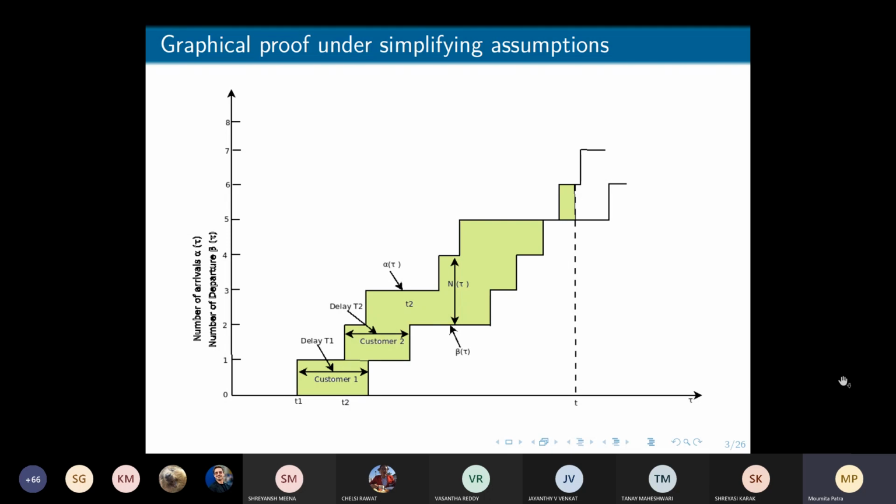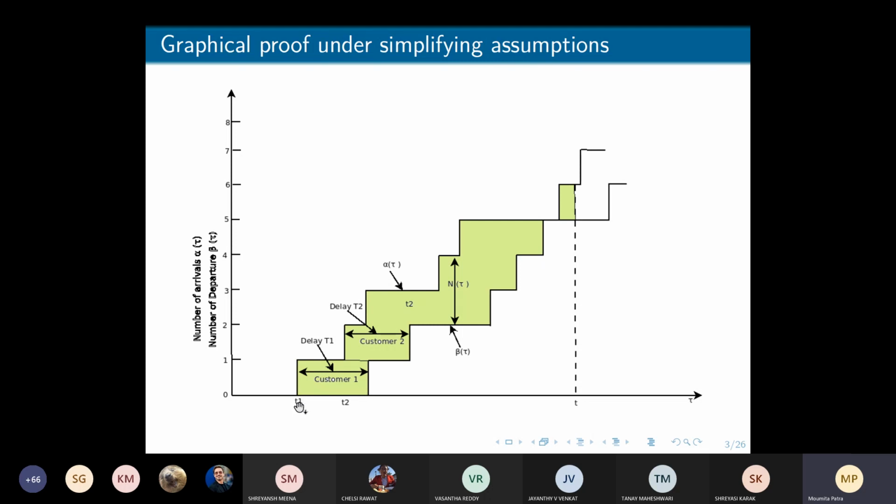You are looking from 0 to tau here, and up to T we are looking at the system. So what's happening, as an observer looking into the system, you will see that there was an arrival and then there was a departure.